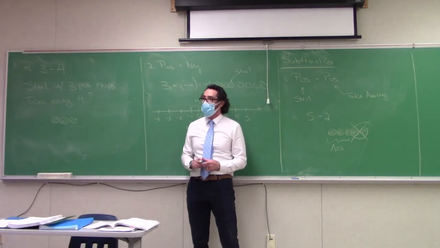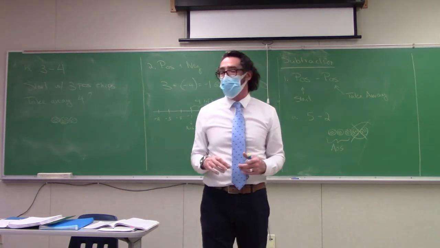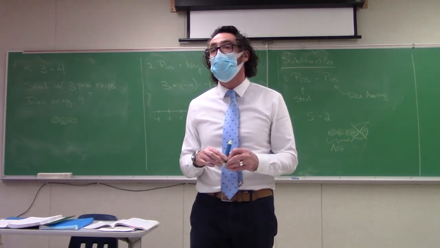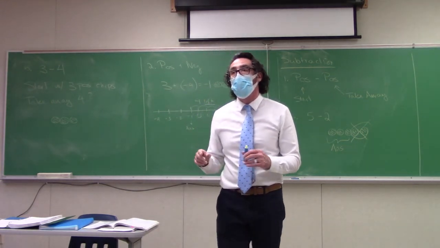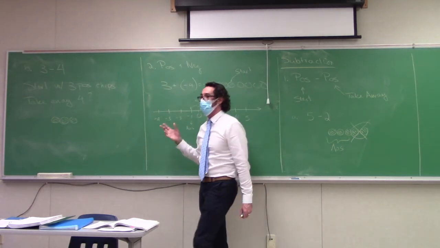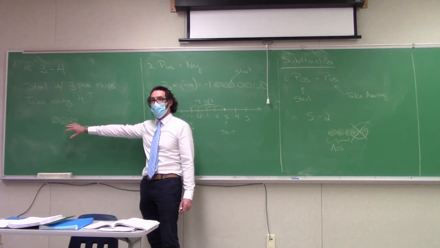Any ideas? Folks in Zoom land, any way we could have 3 in such a way that we could take away 4? Could we use measurement models and do minus, like -4 plus 3? Okay, we could do that. So switch these to negatives, you mean? Yeah.